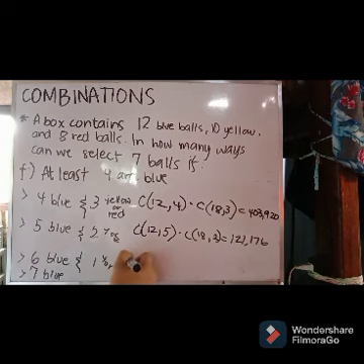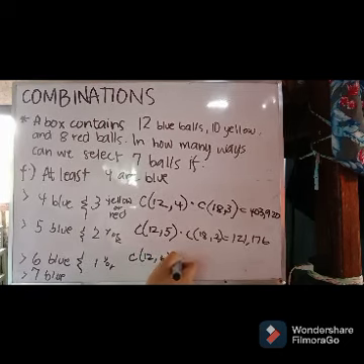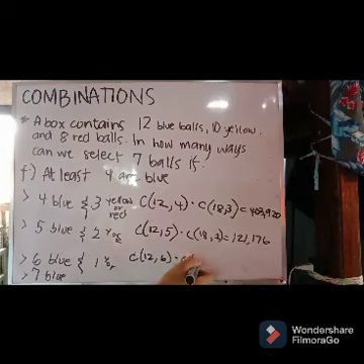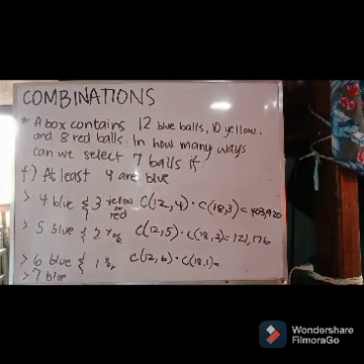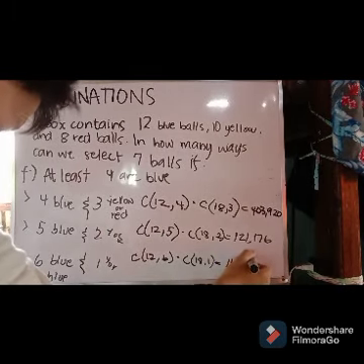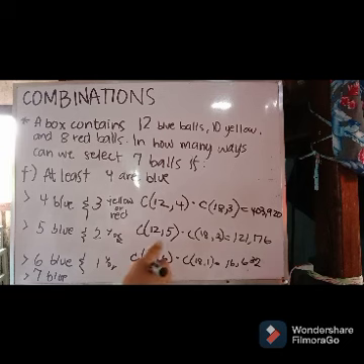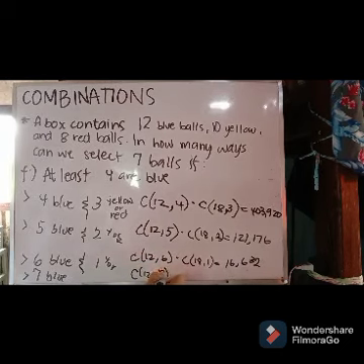And for the 6 blue, combination of 12 taken 6 multiplied by combination of 18 taken 1 equals 16,632. And for all 7 blue, it is combination of 12 taken 7 equals 792.